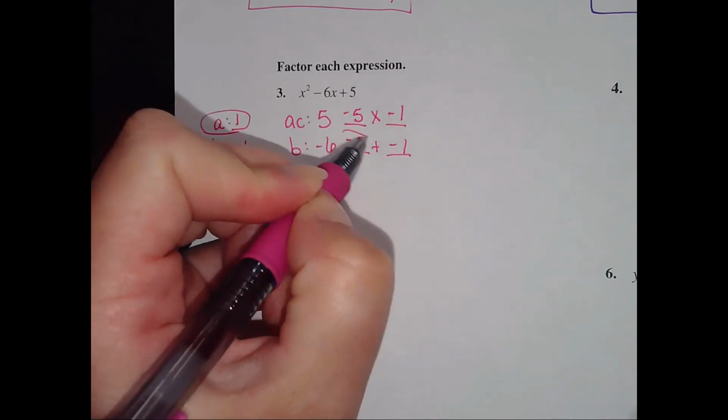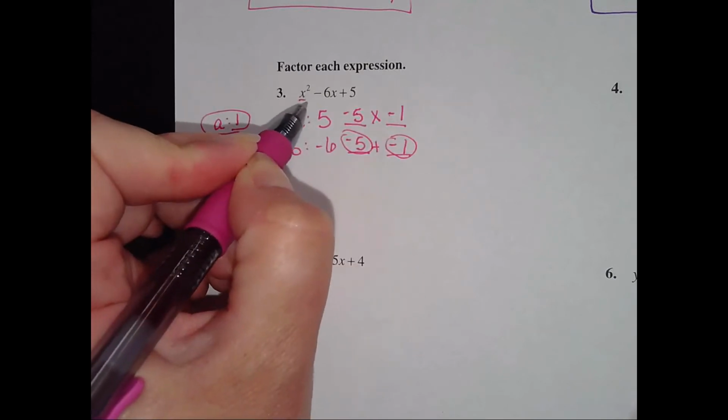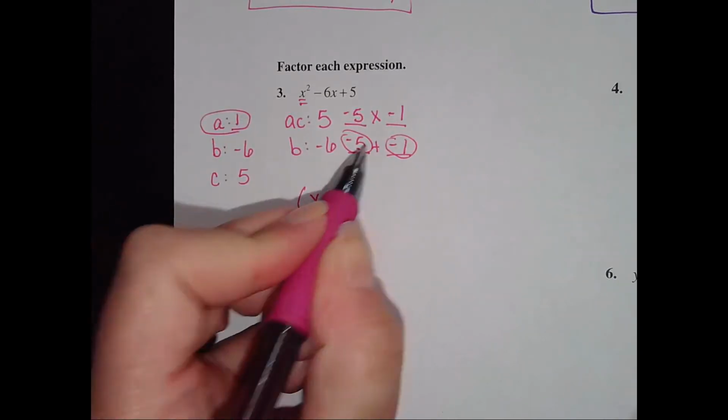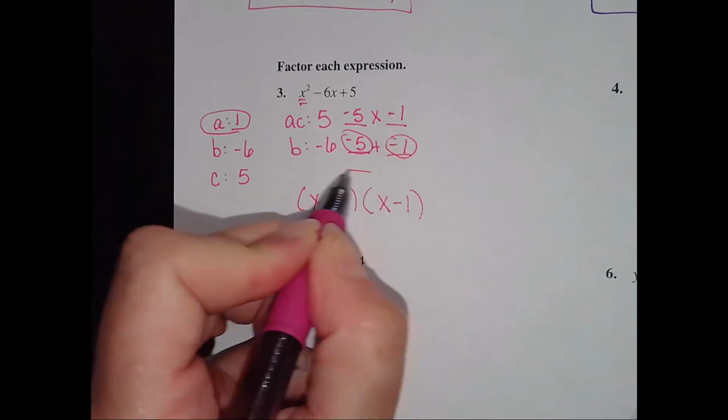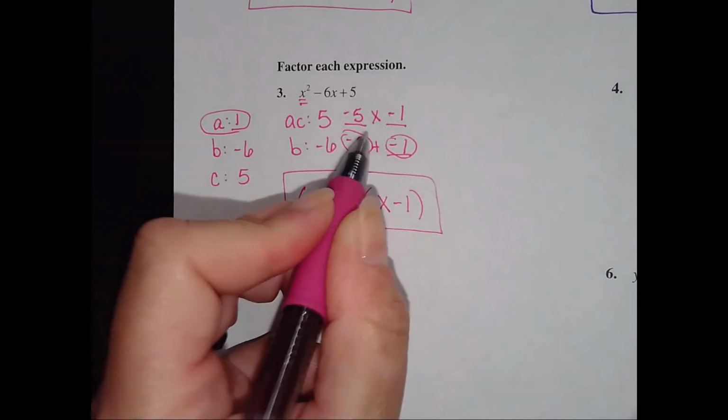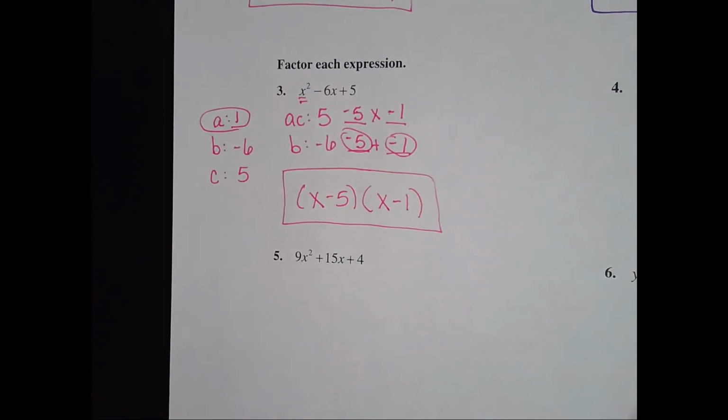Take your numbers here and shove them in parentheses with the variable. So take x minus 5 and then x minus 1. And that's it. So once you find your numbers, you can just put them right straight into the parentheses and call it a day. You're going to hope and pray for every single problem tomorrow to have A to be 1. They aren't, but you're going to hope for it. Yes, sir.